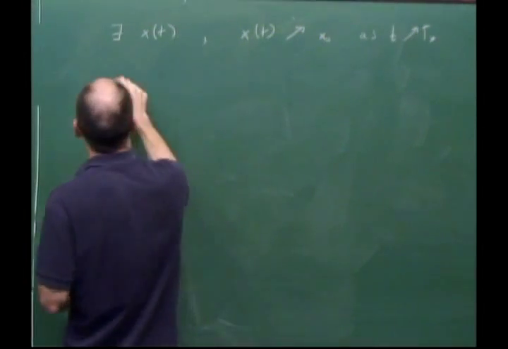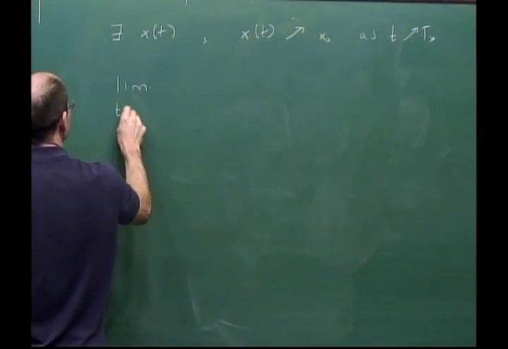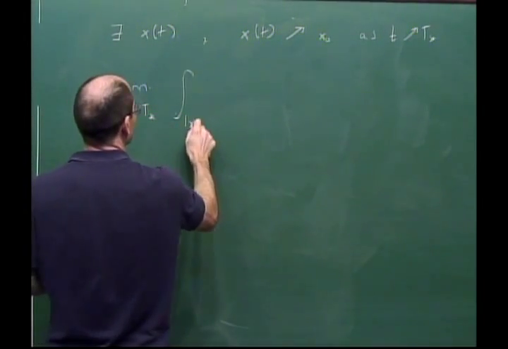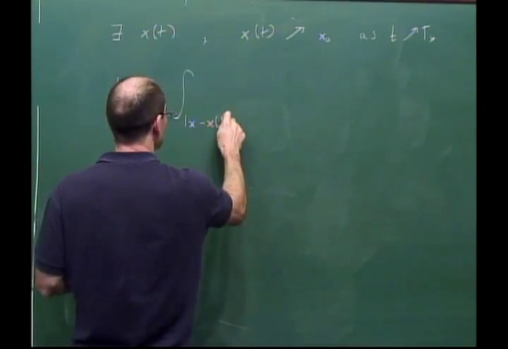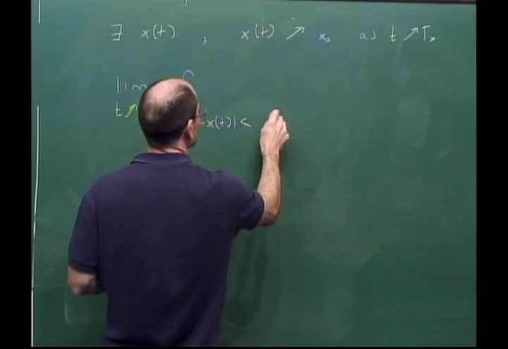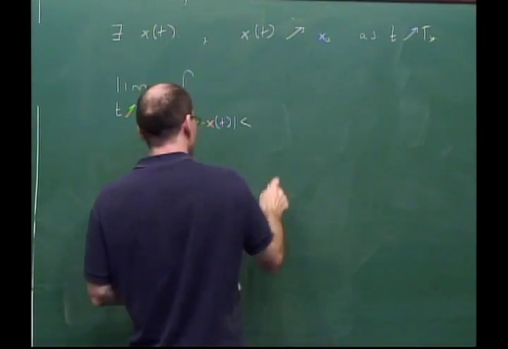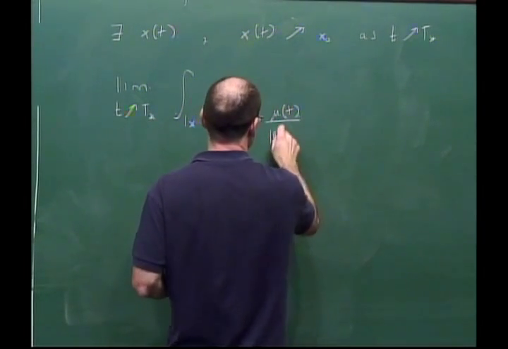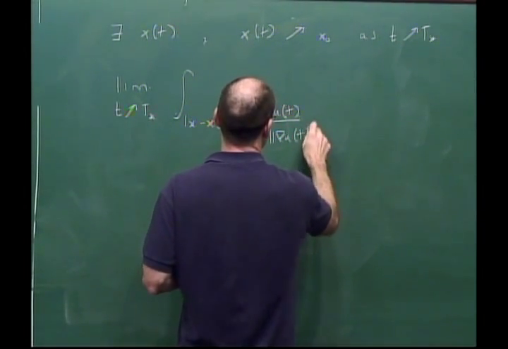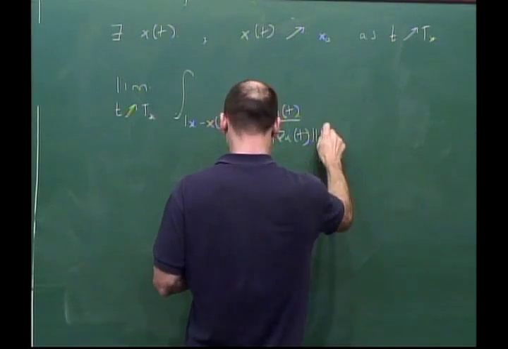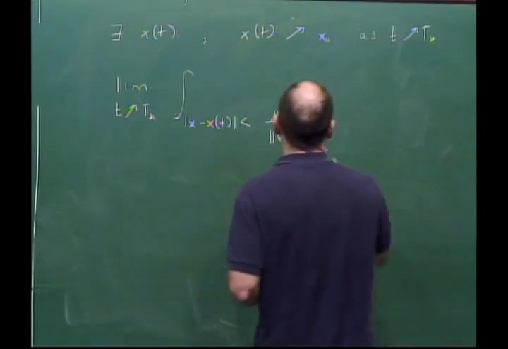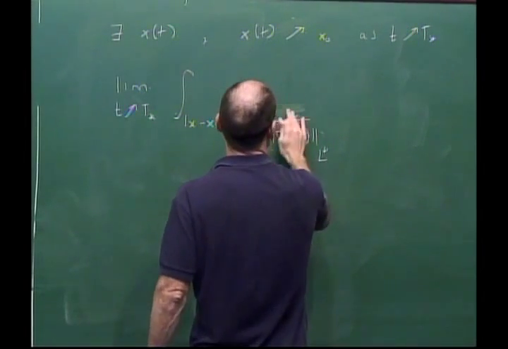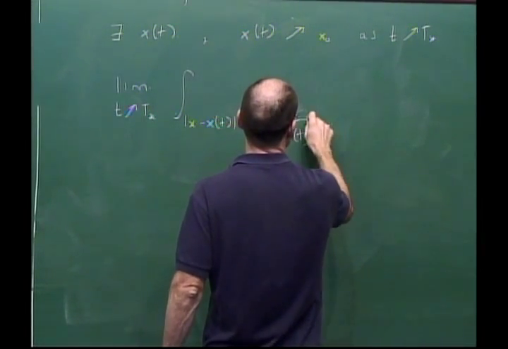And we have the limit as t approaches t star of the mass in a window whose radius is shrinking. All right, so well, simplify it and just say 1 minus epsilon.